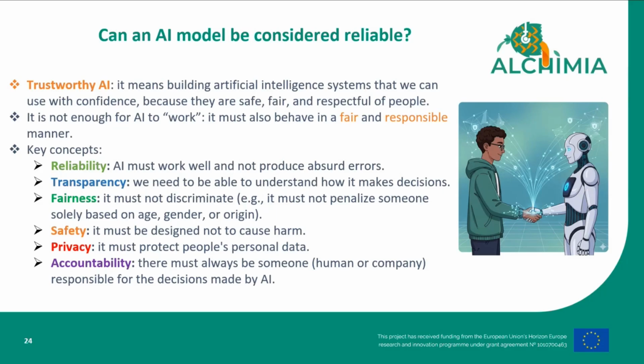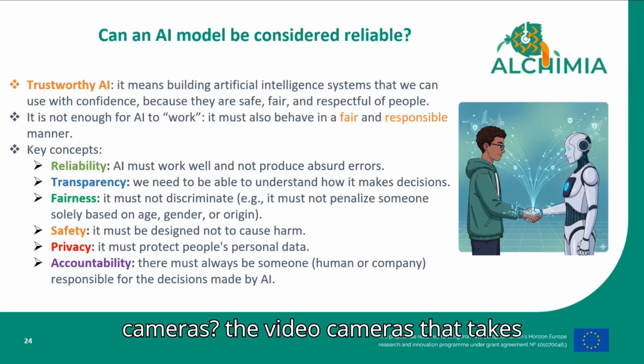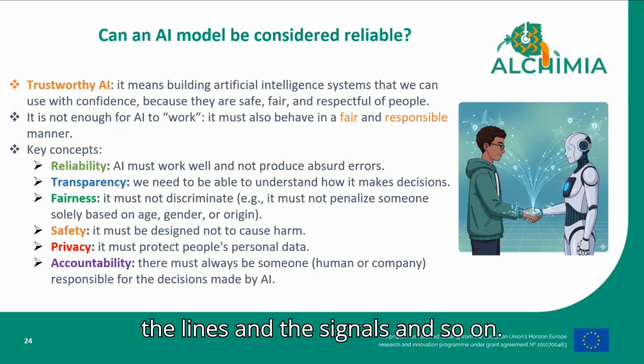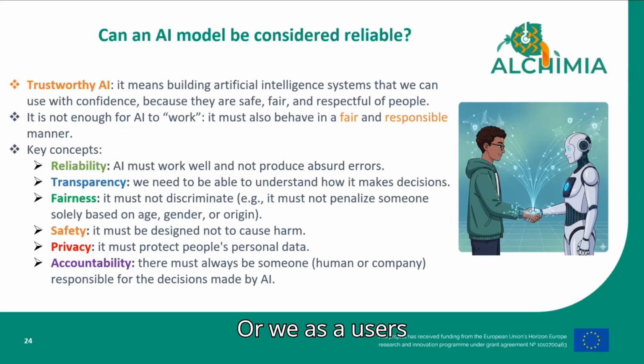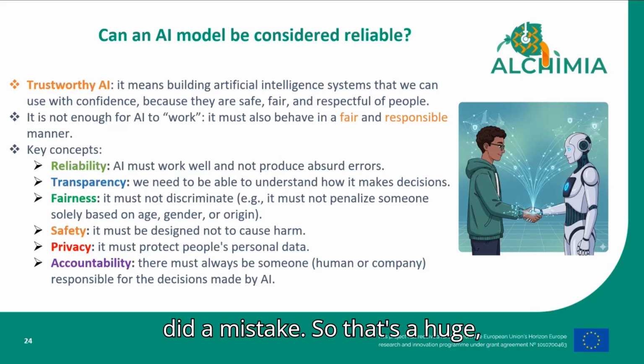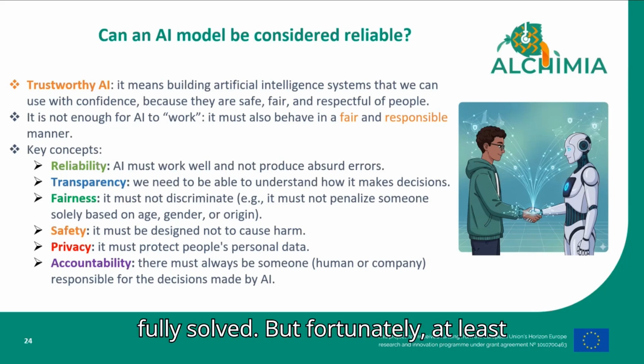The company, Tesla, that produced it, or who created the sensors, for example the video cameras that take the images of the street and the lines and the signals and so on? Or are we, as users, accountable because we pushed the button and the car made a mistake? So that's a huge problem not fully solved.